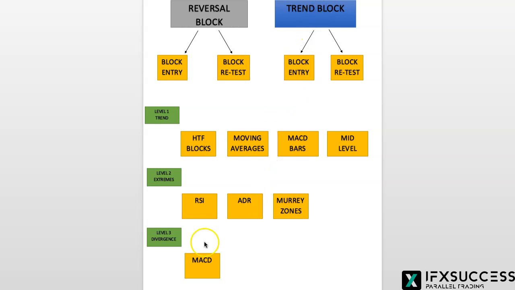And lastly, we have level 3, which is divergence. For divergence, we're using only the MACD. We can have different types of divergence. I made it really, really simple: just looking at divergence from the prior day to the current day, or even just the current day. That way, because if we extend it, it could get hard to actually do a divergence on an EA, so I made it really simple.